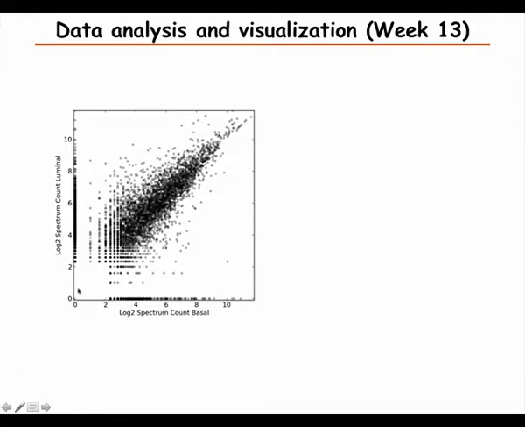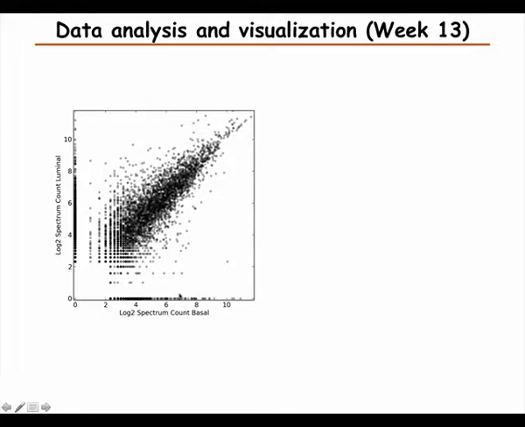We're just comparing the number of counts we get for each protein in the basal and the luminal, and we see that it's quite correlated, but there are outliers, and then there are lots of proteins that we just observe either only in the luminal or only in basal.